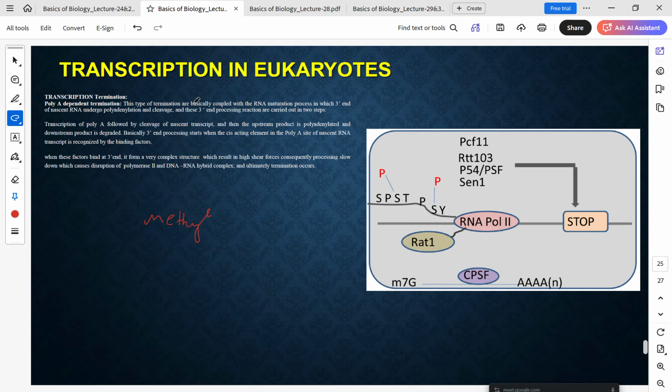To the 3' end, there is a poly A tail that is attached. The transcription of poly A tail followed by cleavage of nascent transcript is such that the poly A tail plus the methyl cap, both of these in coordination prevent the RNA from getting denatured, and also this serves for some molecules to recognize the entity as an RNA molecule.